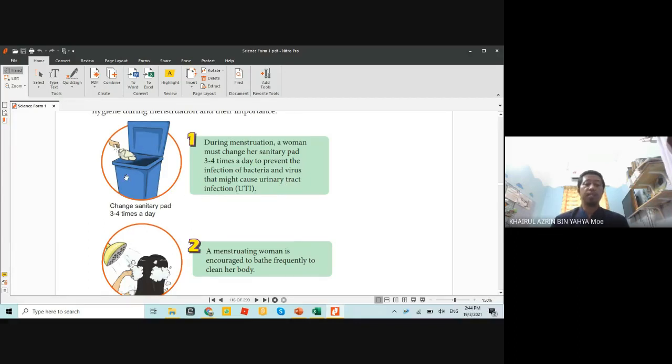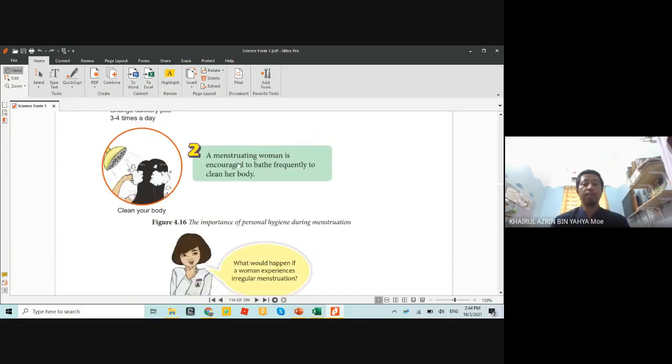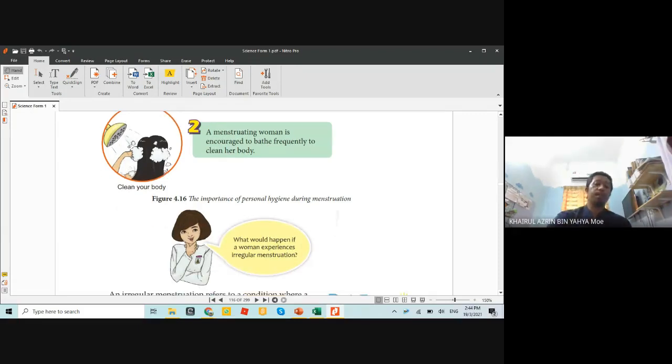So this sanitary pad we throw in the dumpster, in the dustbin, tong sampah, not in the toilet bowl, okay, not in the sink, but in the dumpster or trash can. Okay. Number 2, a menstruating woman is encouraged to bathe frequently to clean her body. Mandi selalu, clean your body. Okay.